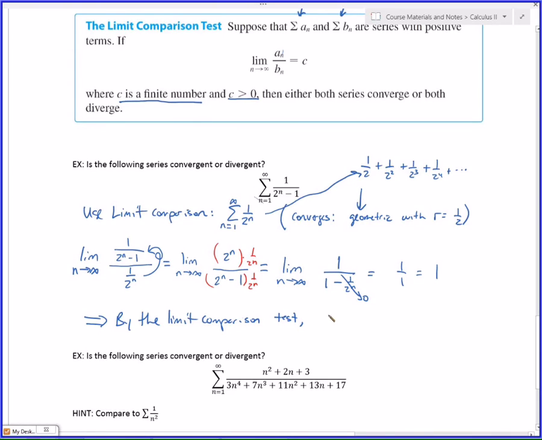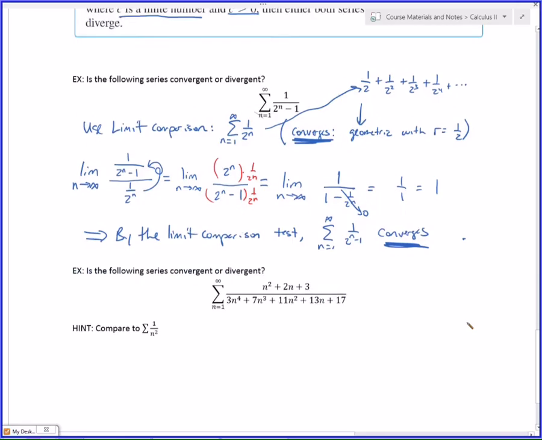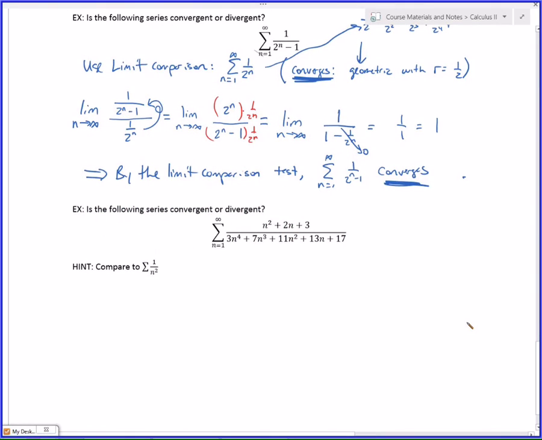In other words, the sum from n equals 1 to infinity of 1 over 2 to the n minus 1 converges. Because it converged up here, it converged down there. Done. I didn't have to bound it above by anything. I just had to be able to take a limit at infinity.